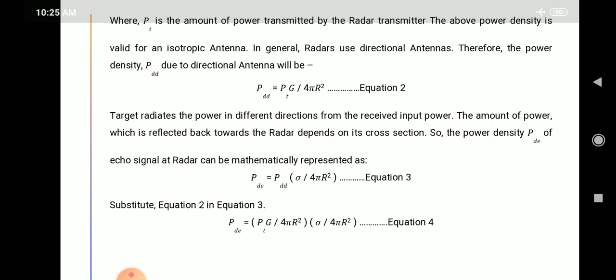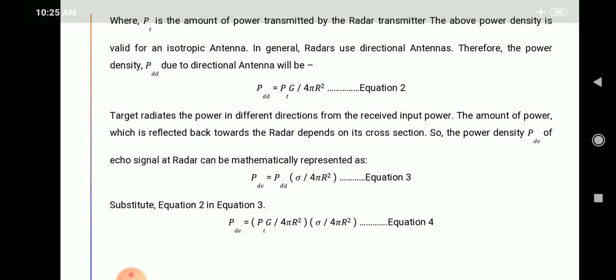This power density is valid for an isotropic antenna. In general, radar uses directional antennas, therefore the power density PDD due to the directional antenna will be PDD is equal to PTG upon 4 pi r square.